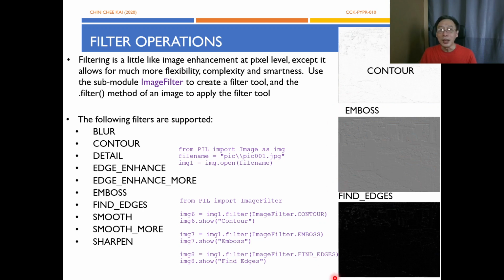So filter operations are not meant really for human entertainment or human enjoyment of the picture. Rather, it's trying to tease out some aspects of the image that are interesting, right? Maybe mathematically, maybe scientifically, maybe image-wise, maybe towards a certain goal, like identifying a face, identify the car number plate, identify the road border. So all these are image filtering operations.